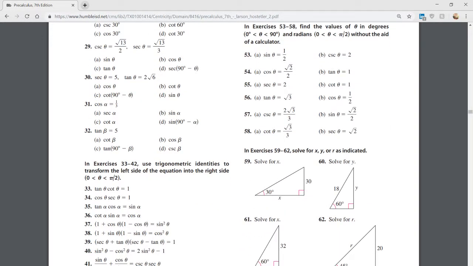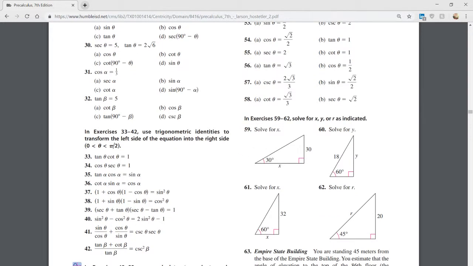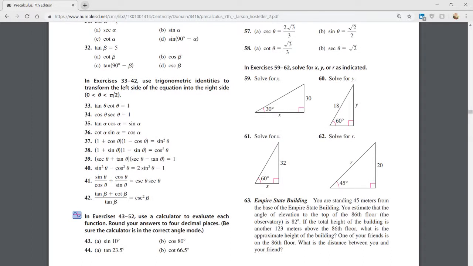Okay, so for this next part, I'm going to try to do most of them, if not all of them, because I know for me, these trig identities were really hard to understand.